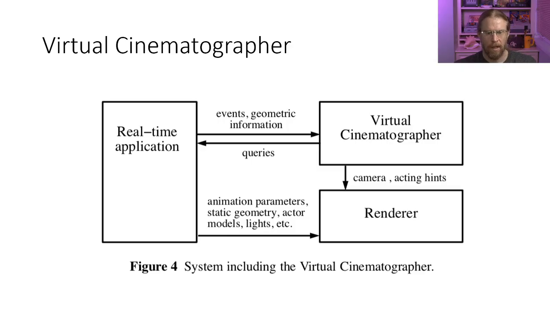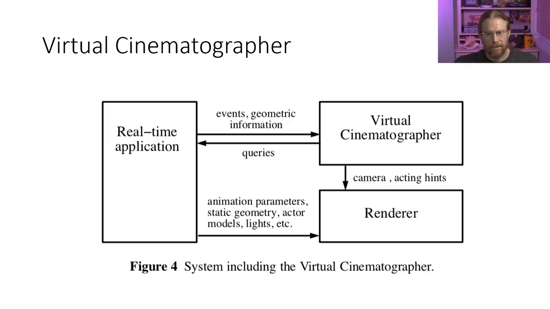But for this system, we're also adding the virtual cinematographer as a component. It needs to be aware of game world state, so events that occur, probably related to storytelling, maybe trigger areas in the map, but also geometric information like spatial relationships.